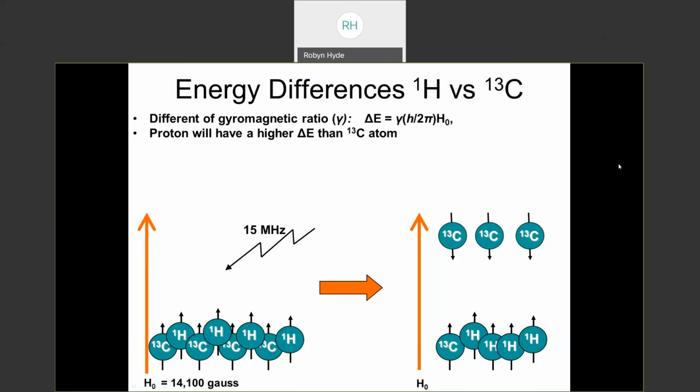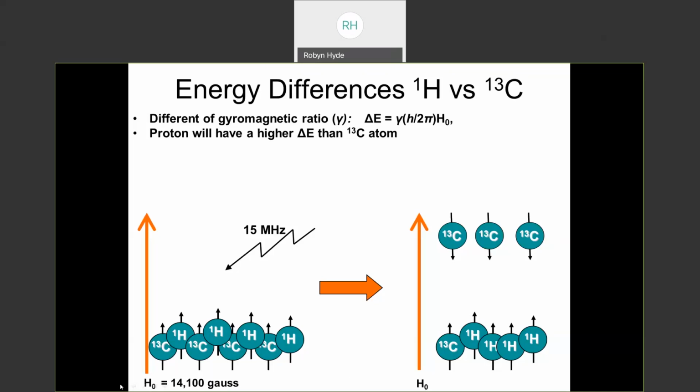Our atoms of interest, for organic chemistry, are protons and carbon-13s. Each atom has a different gyromagnetic ratio, and that means the delta E value is very different for each of these kinds of atoms.